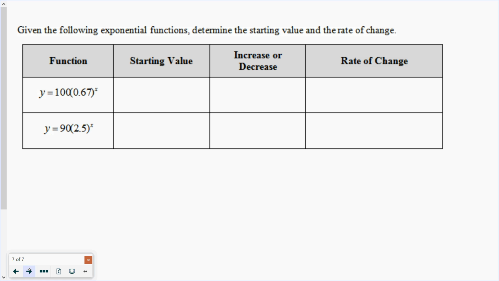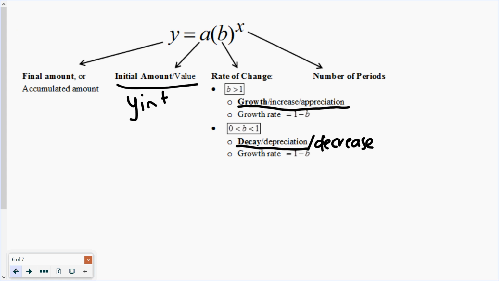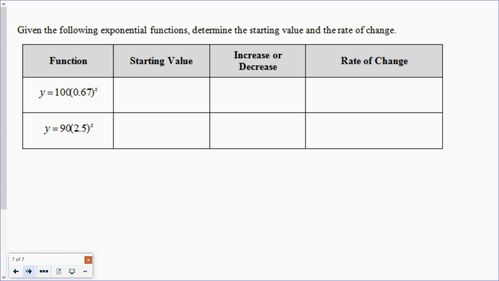It says, given the following exponential functions, determine the starting value and the rate of change. So it tells you your starting or initial value and your rate of change, which is related to your a value and your b value. Your starting value is 100 for this first one.